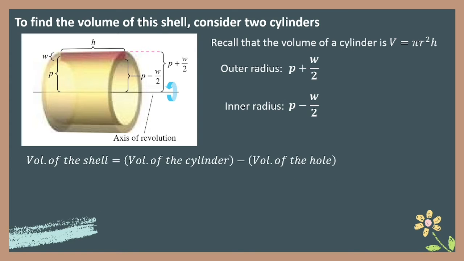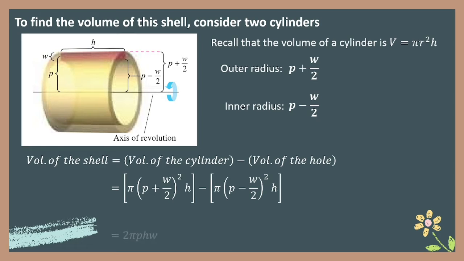So now for the volume of the shell, we have the volume of the cylinder minus the volume of the hole. Here we have the volume of a cylinder: pi times P plus W over 2 squared h, where the radius is the outer radius, minus pi times P minus W over 2 squared h, for the inner radius.